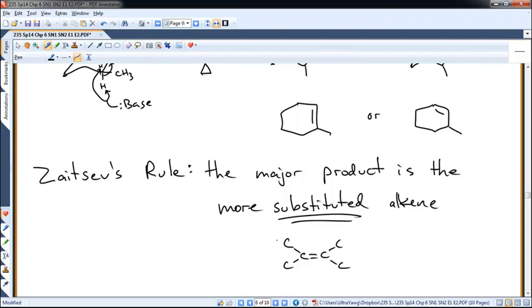That would be more stable. I'll draw it this way. Most stable. Then trisubstituted, which should be more stable than disubstituted, which should be more stable than monosubstituted. Right, and there are a couple different variations of disubstituted. You can have cis, trans, and gem, but for now we'll just worry about that.